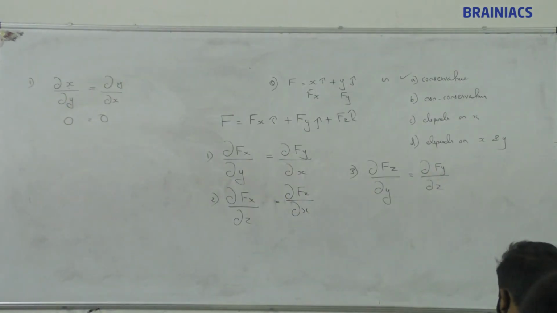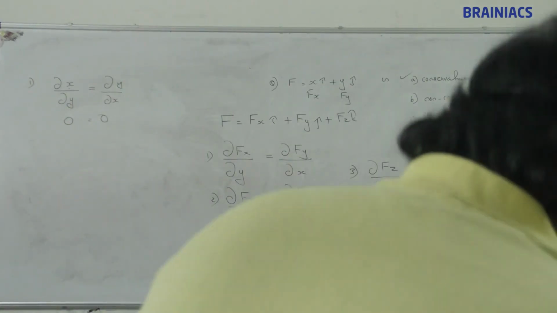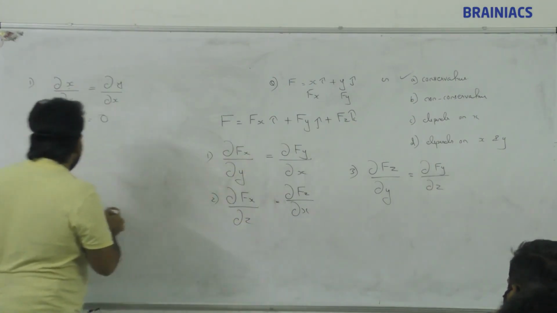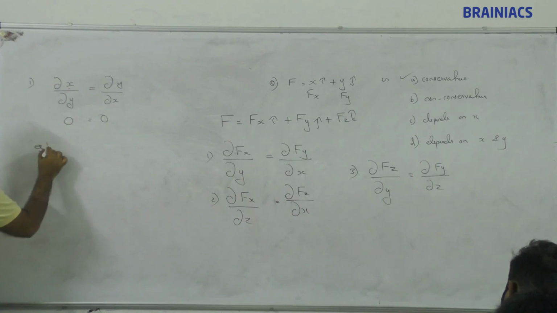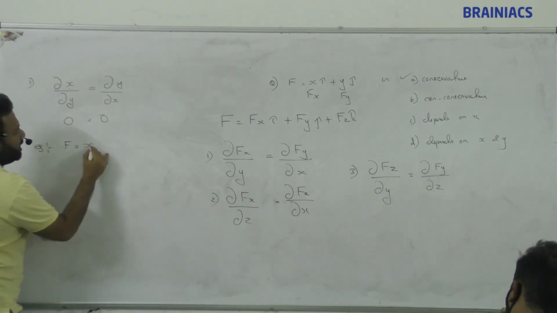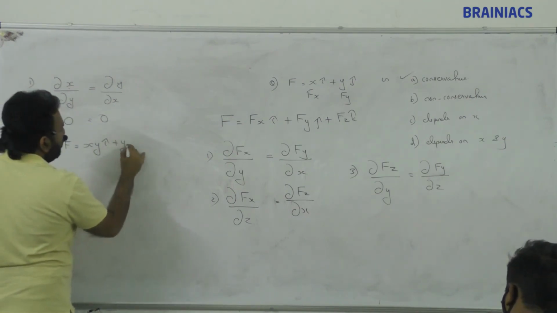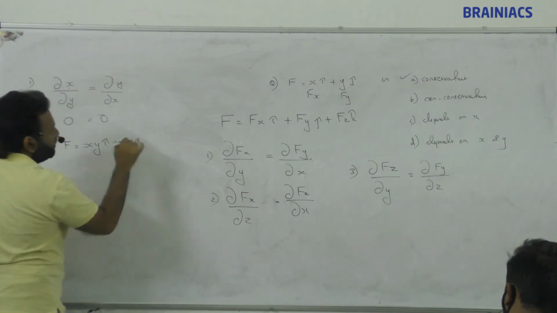Will fx with respect to y always be 0? It is not like that. Say if I give another example, F is equal to xy i plus yx j.